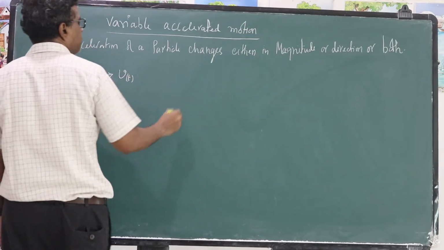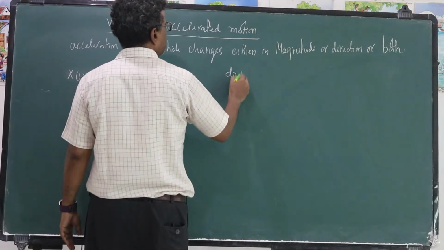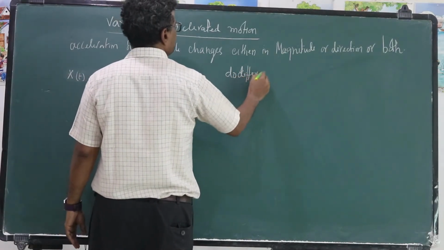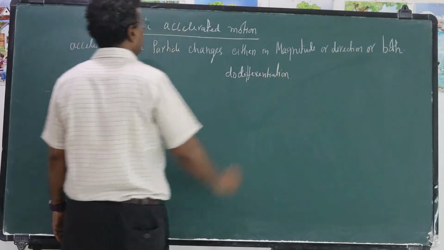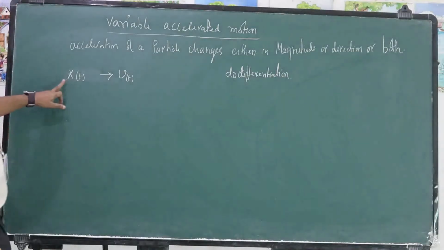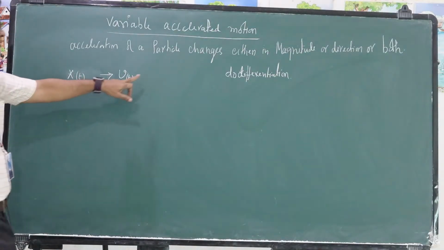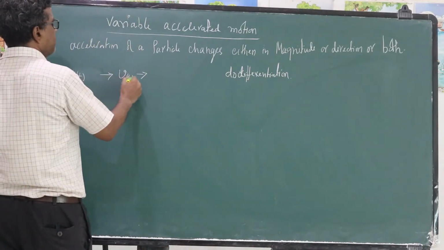What we have to do? Do differentiation. Okay? Position x is given, we want velocity, so do differentiation.